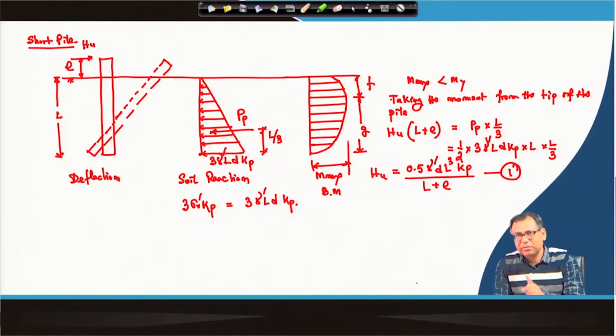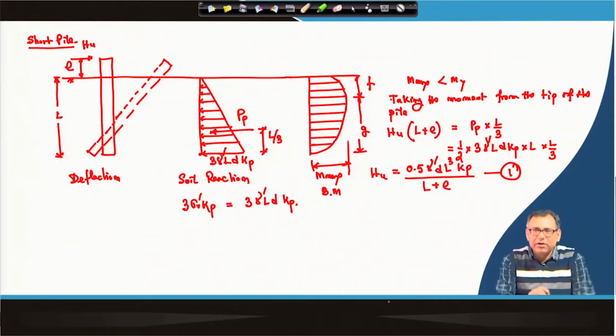And for the intermediate case, that will occur for the fixed headed pile, which I will discuss later on. But also for the short, free headed pile the condition is that the maximum moment should not be greater than M y. So, that means we should know the maximum moment.